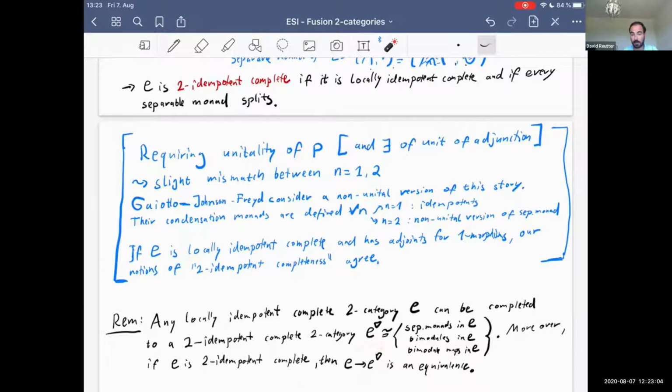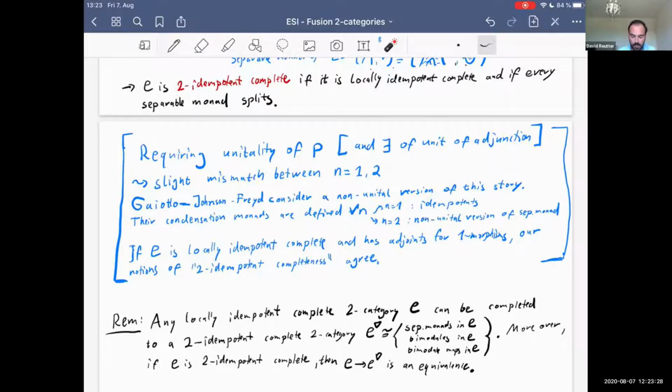And explicitly what this construction does is it takes the 2 category of separable monads in C, bimodules in C, and bimodule maps in C. And moreover, if C was already 2 idempotent complete, then the canonical map you get is an equivalence. So this is really an idempotent operation itself. Once I pass into idempotent complete, I'll always be 2 idempotent complete.